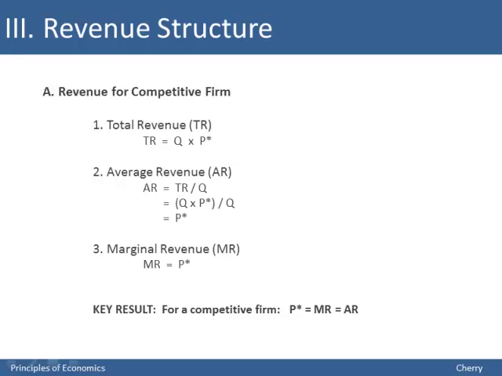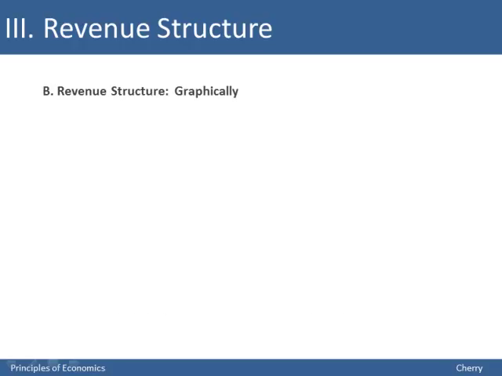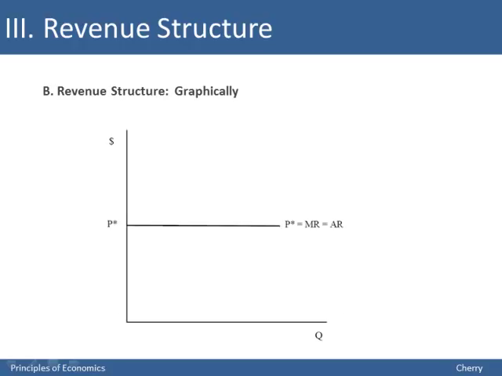Thus, the average is the same and the marginal is going to be the same. So graphically, what we end up with is at the market price, P star, a horizontal line which illustrates the marginal revenue and the average revenue for any given production level. So the revenue structure for a competitive firm is quite simple and straightforward. It's a horizontal line at the market price.